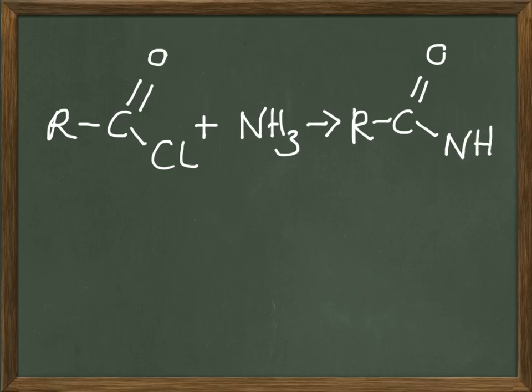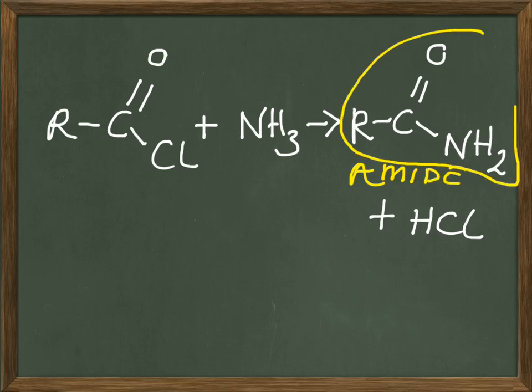So the NH2 replaces the Cl. The other proton from the ammonia has gone and joined up with the chloride, made hydrogen chloride gas. That's called an amide. That's the homologous series that the product of this reaction belongs to. They're very useful amides. We can use them for polymerization and such like.